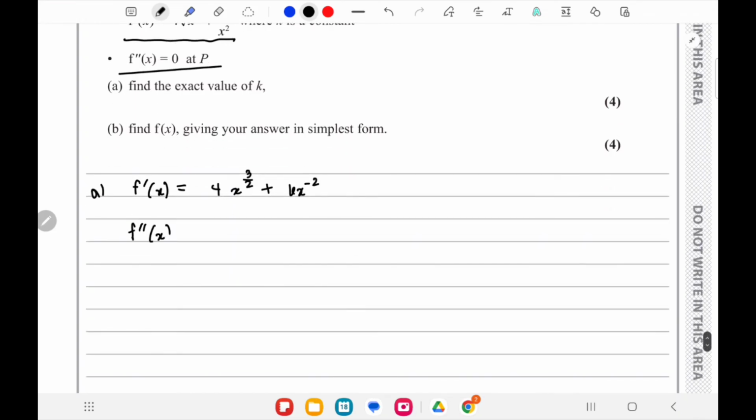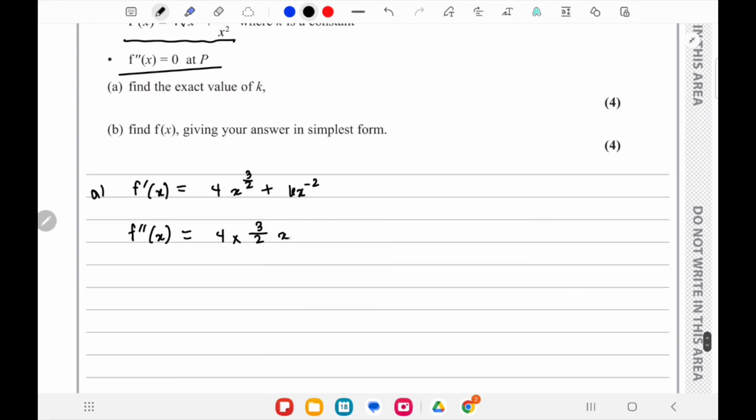So f double prime x will be, basically 4 into 3 by 2 x to the power half plus minus 2k x to the power minus 3.